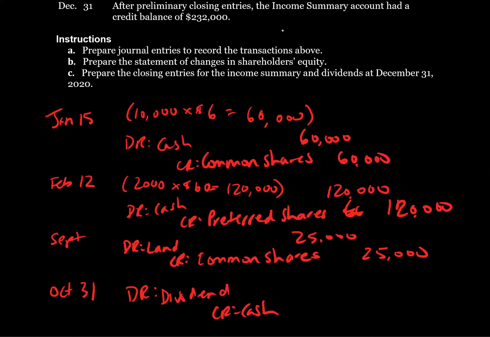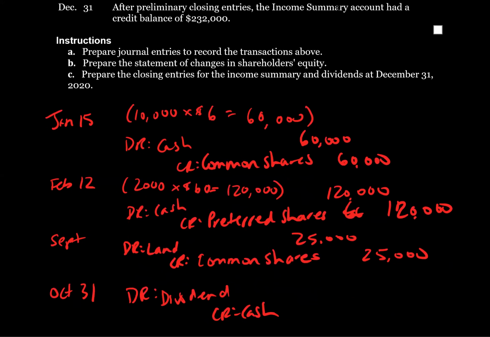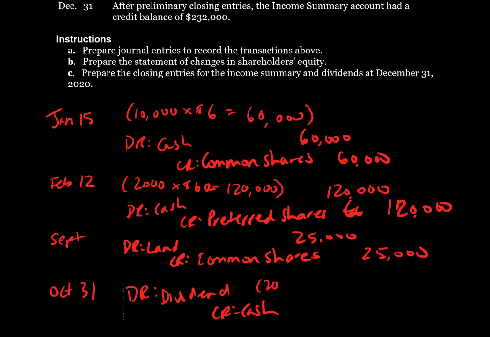Dividend is a sub-account of our retained earnings, part of our shareholders' equity statement. So how much was this dividend for? Preferred shares, $2 per share. So we have 2,000 preferred shares times $2, which gives us a $4,000 dividend.